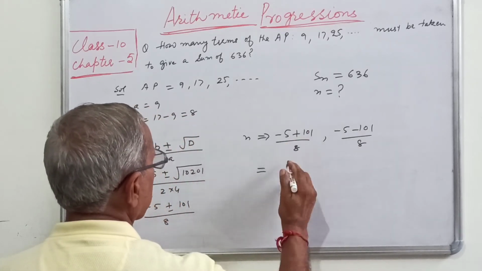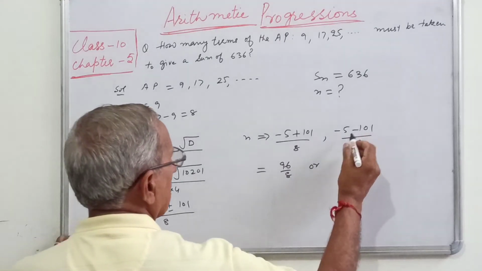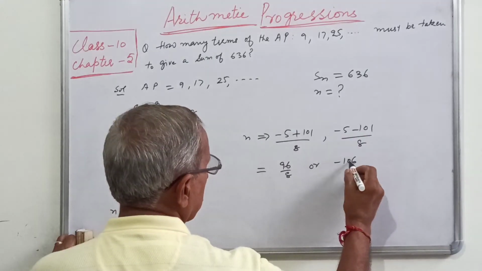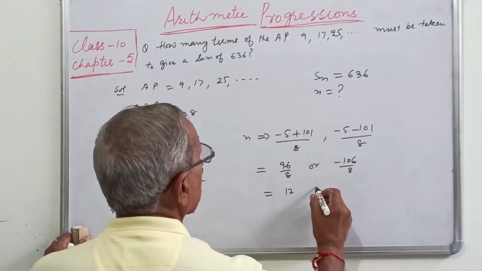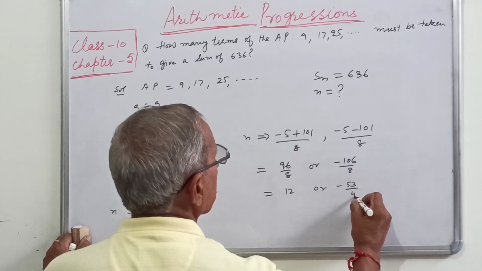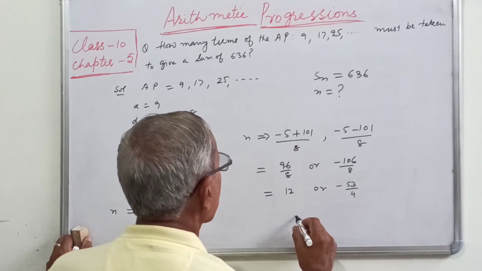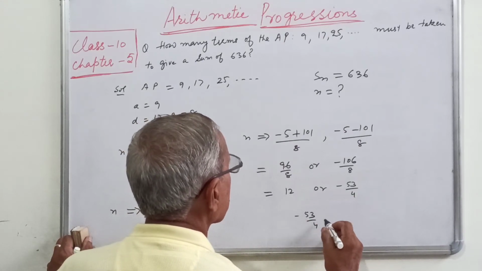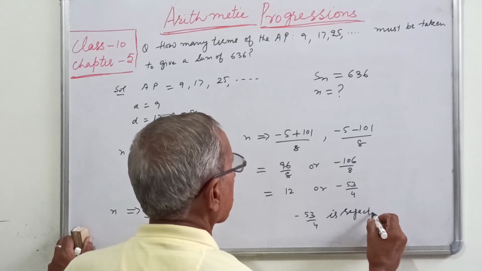तो 5 माइनस किया गया 96/8 और माइनस 106/8 से आ गया 12 और हो गया माइनस 53/4. सो इसमें ये जो नेगेटिव है ये रिजेक्ट हो जाएगा. माइनस 53/4 is rejected because this is a negative term.